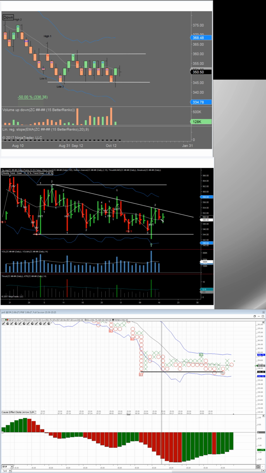So it's not a one bar wonder. You had follow through over here, where I put the red arrow. So it had a follow through day, and now I think we're gonna take a look at the contraction and see if it breaks out. That is important, very, very important.